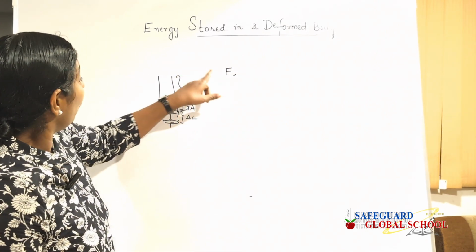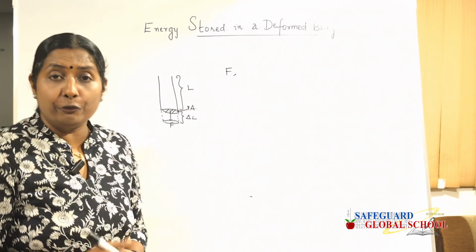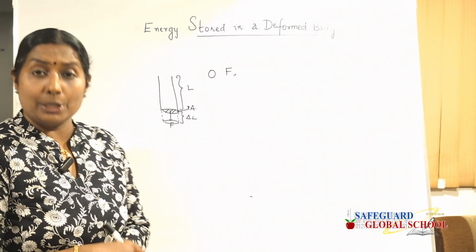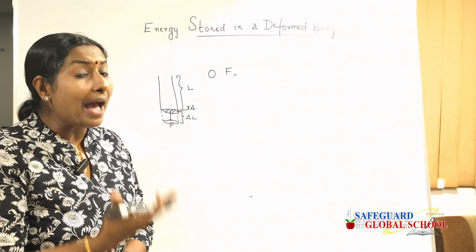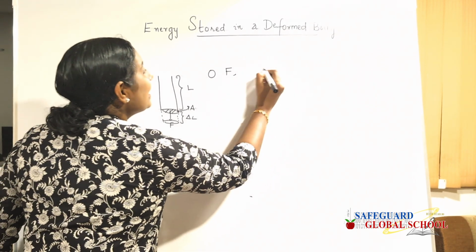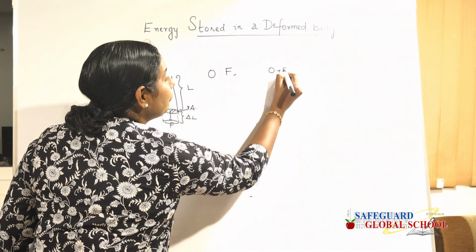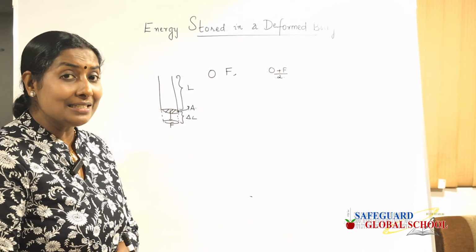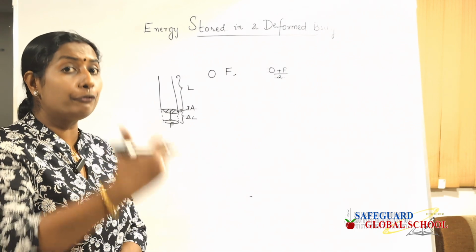And when we are not applying any force, the restoring force developed inside the body is 0. So, what is the average restoring force developed inside the body? It is (0 plus F) divided by 2. So, now we are going to write the average deforming force.